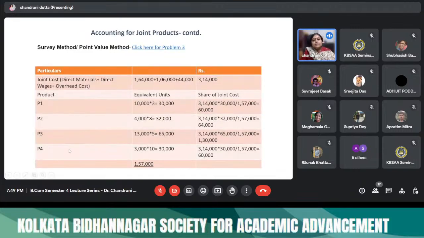Now the third method is the survey method, the point value method.